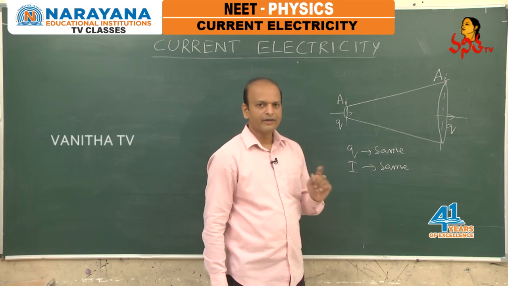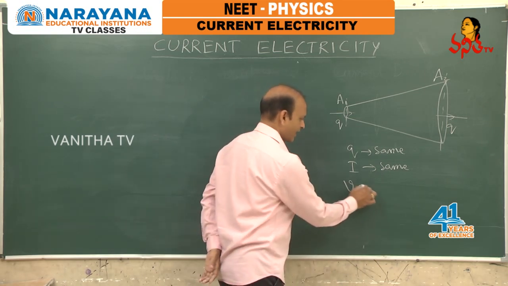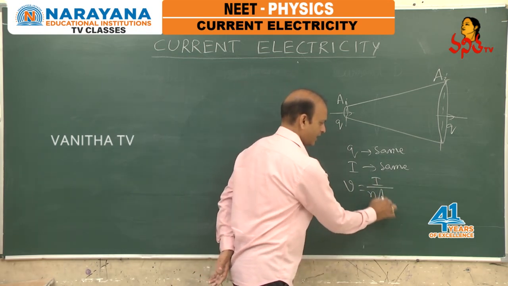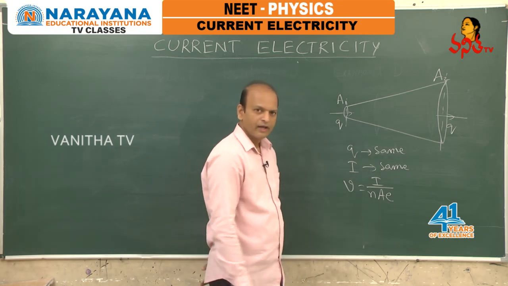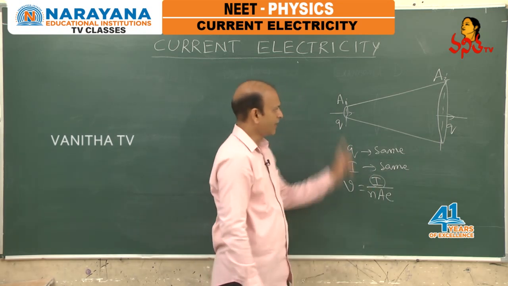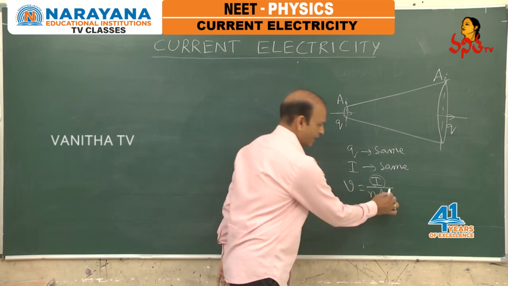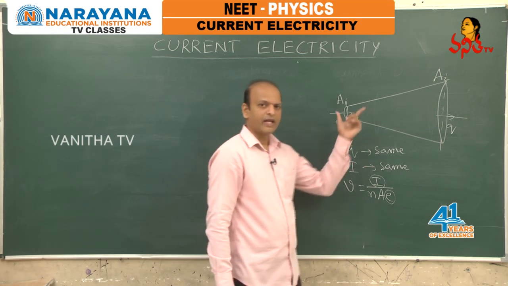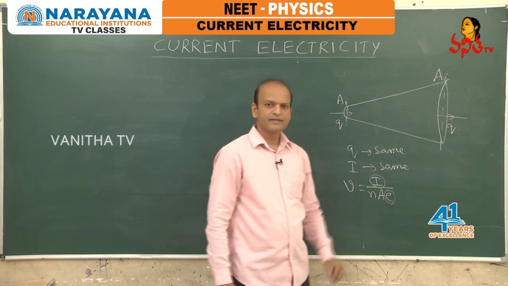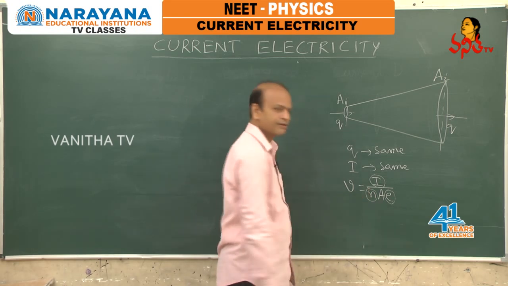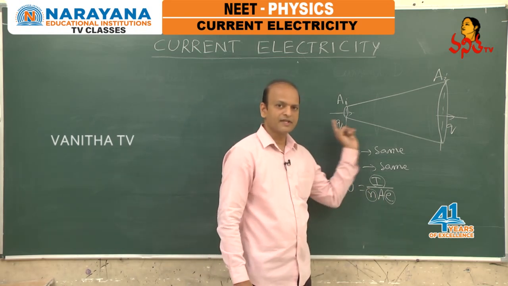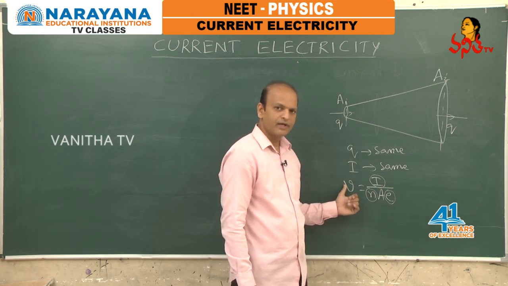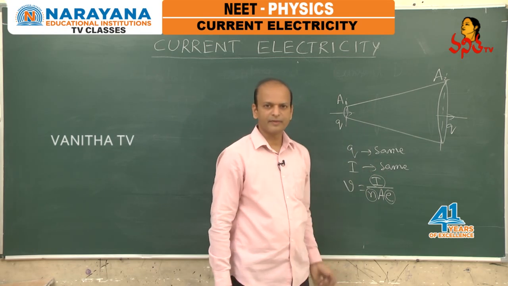Okay. But drift speed, if you calculate, is given by I by nAe. Here I remains the same throughout the conductor, e is a constant charge for the electron, n for a given material, the number density of electrons, remains constant, but the area of cross section is changing from one end to the other end. The lesser the area, the more will be the drift speed; the more the area, the less will be the drift speed.